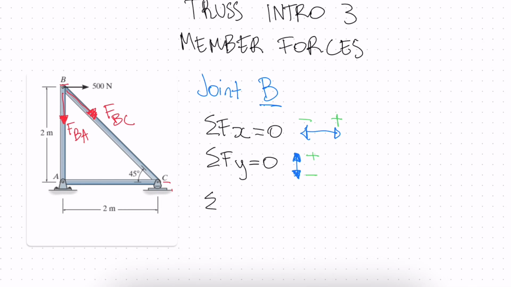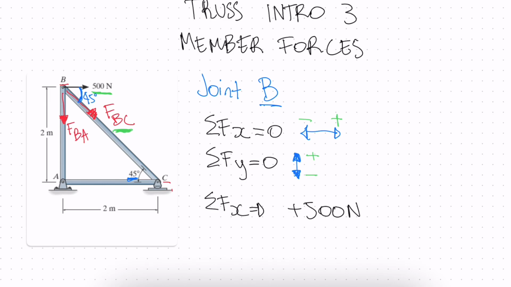If we look at our forces in the X direction, we have 500 newtons going in the positive direction. So we can write 500 newtons. And then we have our FBC. We need to find the X component of this FBC, so a part of this FBC force will be going in this direction. We know that this angle is 45 degrees here, so this angle will also be 45 here.